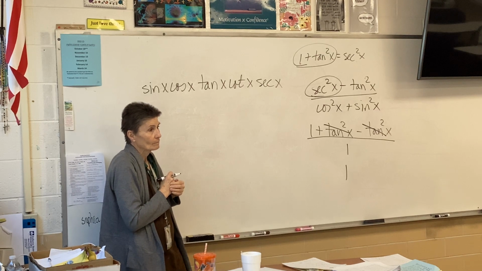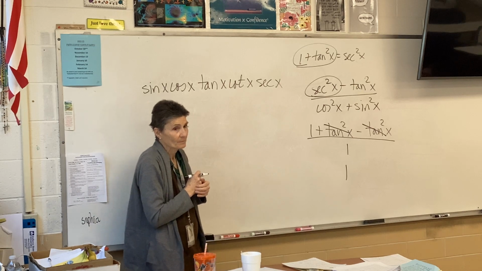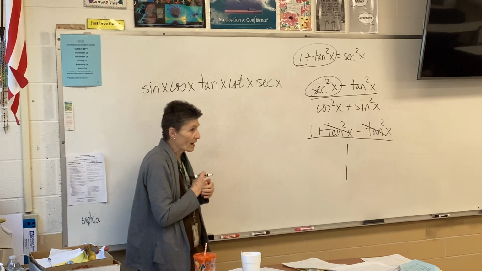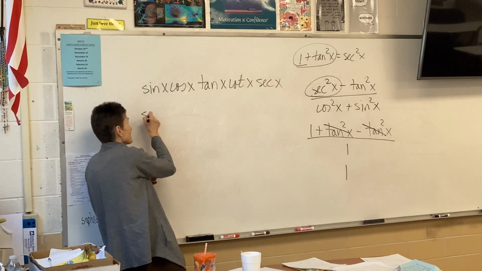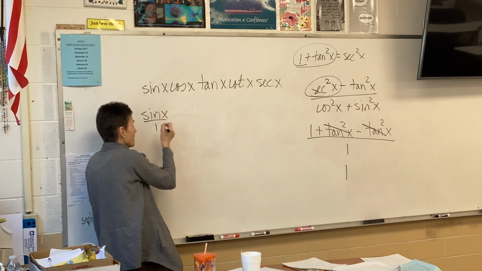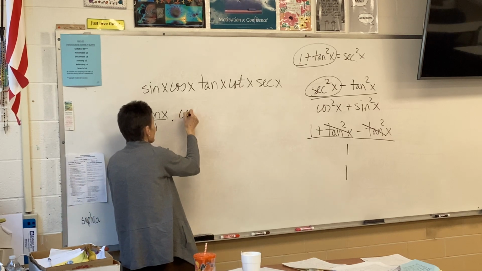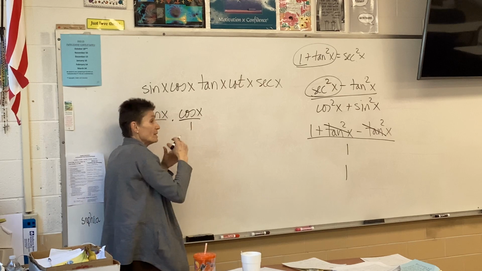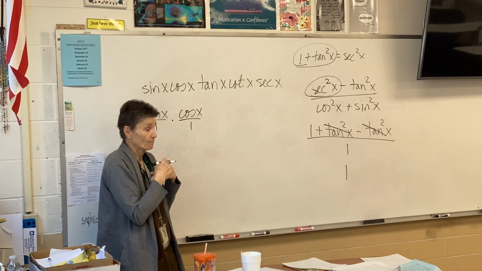Okay, Sharon, tell him, what did you say last time I asked this question? Make them into fractions, okay? Now, sine does not go to a fraction, you'll make it sine over 1. Cosine is just cosine over 1. We don't change sines and cosines.